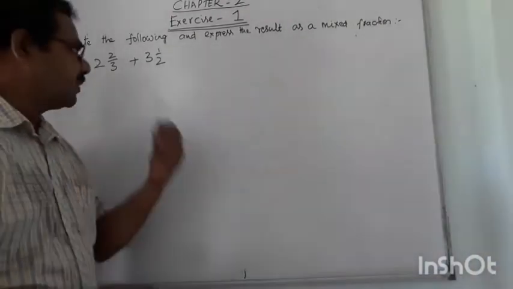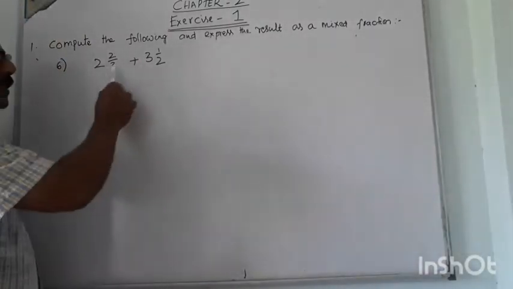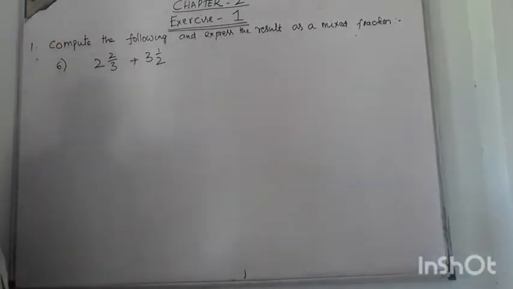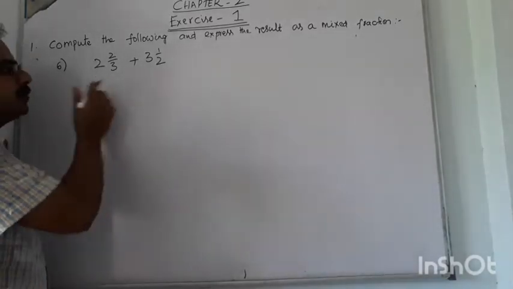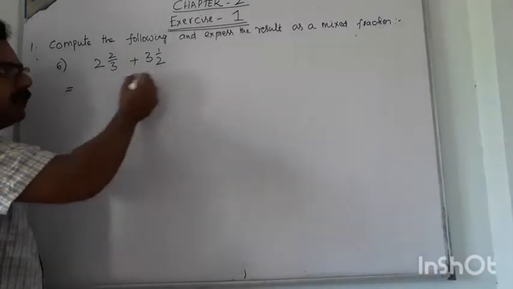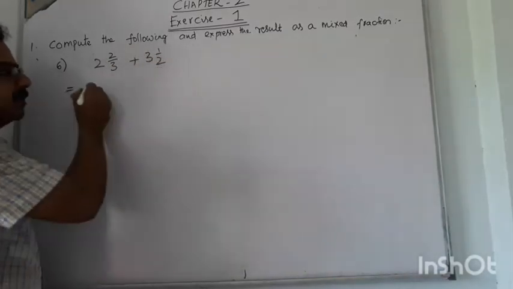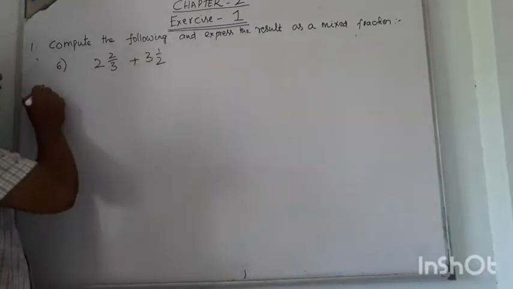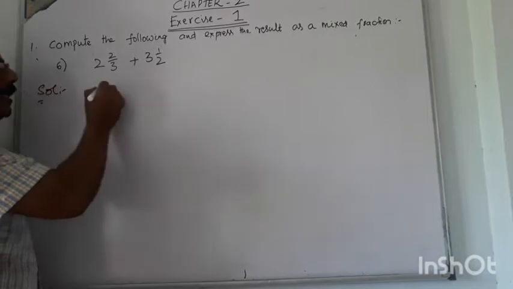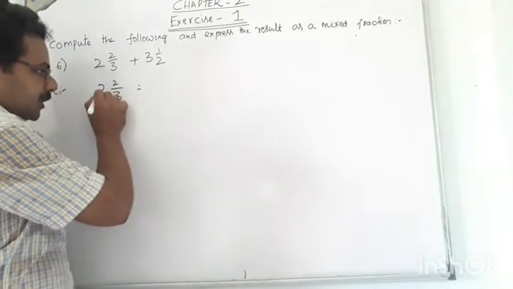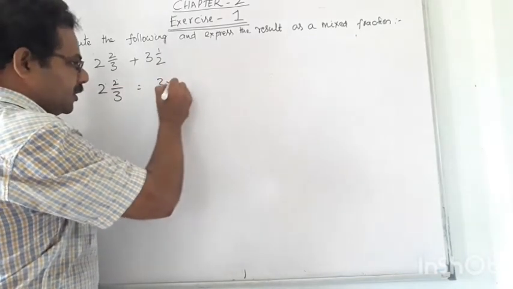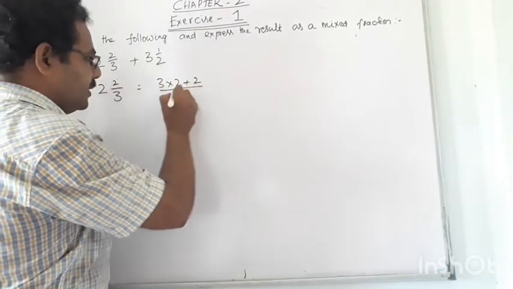This is the sum. The sixth sum is 2 and 2 by 3 plus 3 and 1 by 2. Okay. So both are mixed fractions. Mixed fractions means we have to convert them into the form of improper fractions. First we shall take the solution individually. 2 and 2 by 3 is equal to 3 into 2 plus 2 by 3.